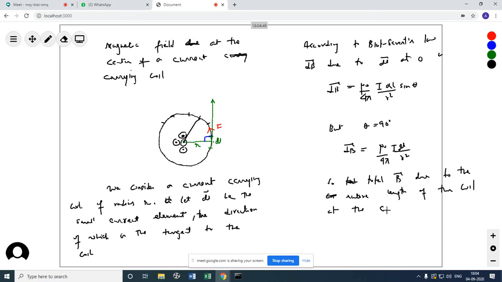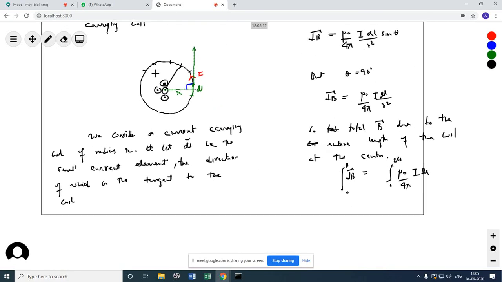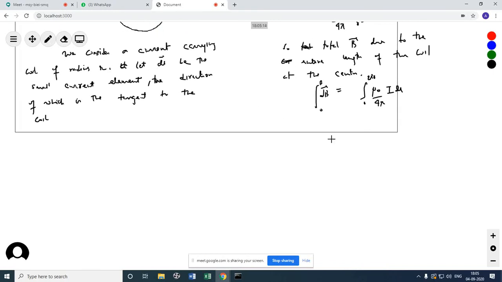Simple. So what will be the total magnetic field then? It would be all the dls if I add them. So try to imagine, for small dl, what is the direction of this one? To know the direction we have to use the right hand grip rule, but this time the curved finger gives you the direction of the current and the thumb gives you the direction of the magnetic field.